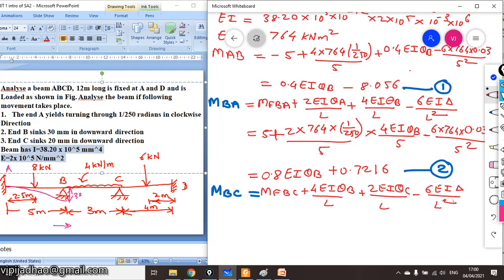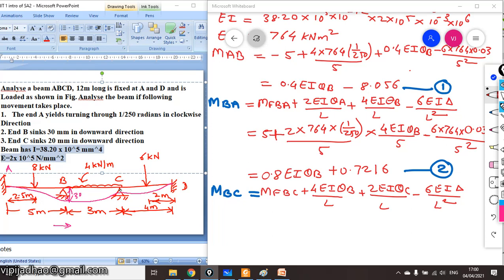Now for this span MBC, you can see here in this particular diagram, you can see this span BC. For span BC, B is sinking by 30 mm and C is sinking by 20 mm, like this.